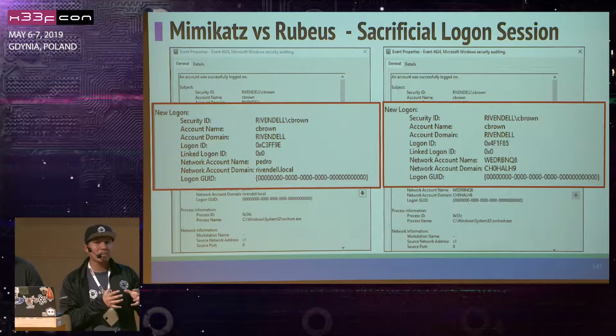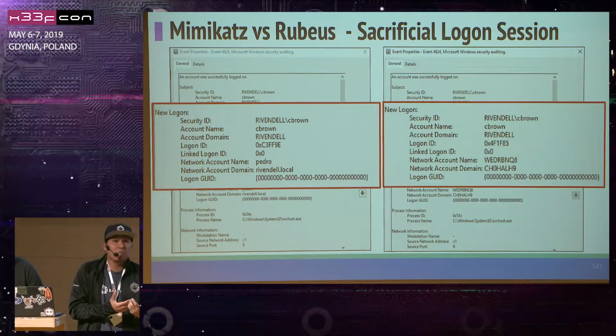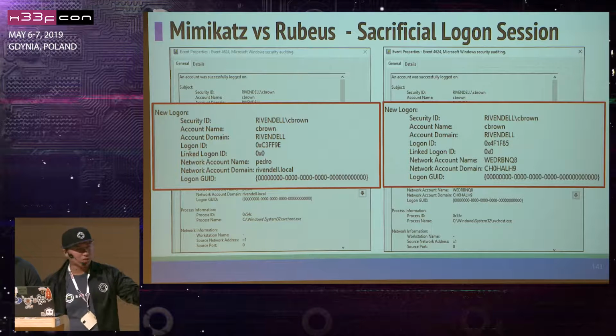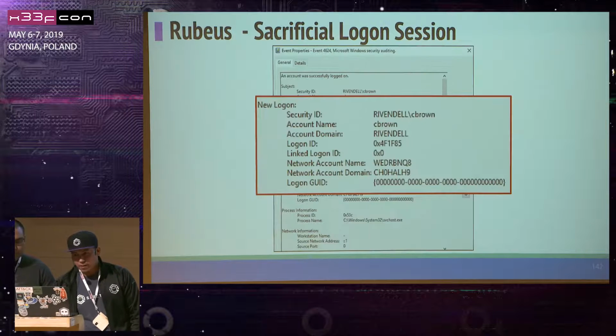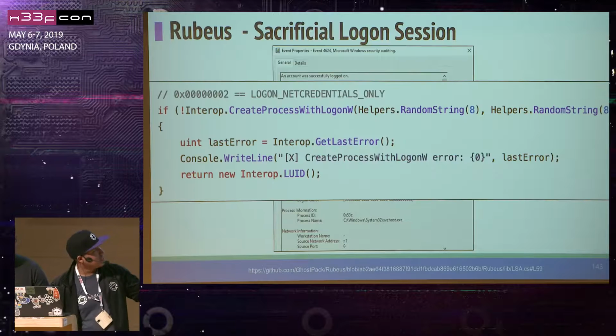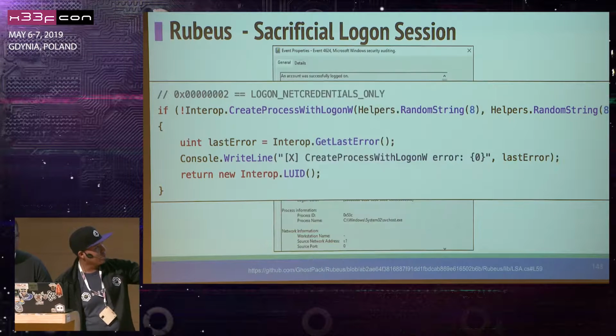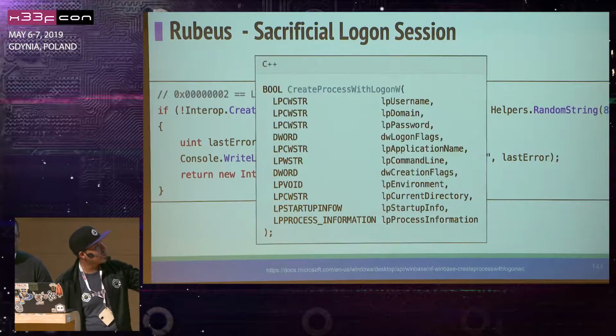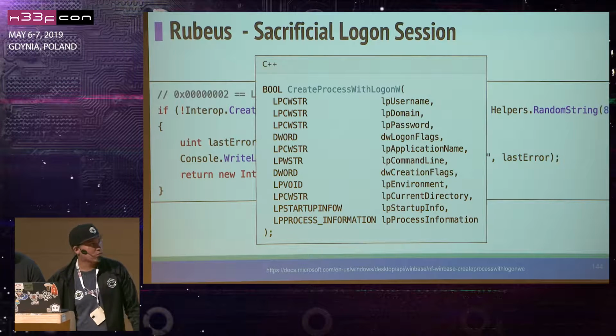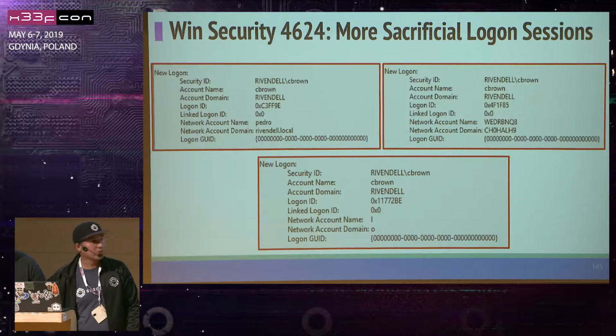So Mimikatz will actually, from my perspective right now, blend in a little bit more than Rubeus, as you can see, because Rubeus has random strings. That's because there is a specific function there being used that applies the random strings for the values of the username, domain, and password. So that's how Rubeus does it. So very interesting also thing to look at.